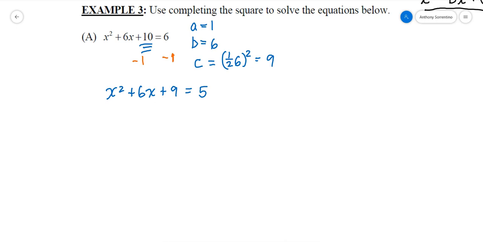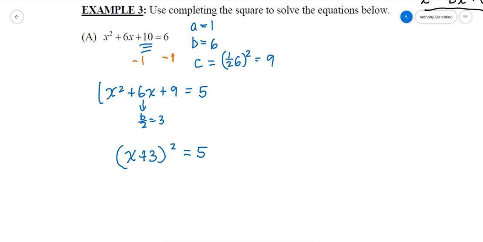And so when I look at this, realizing that b over 2 would equal 3, that's the number that should be next to my x value when I get this rewritten as a perfect square. So basically, this can be rewritten now as x plus 3 squared, and that equals 5.